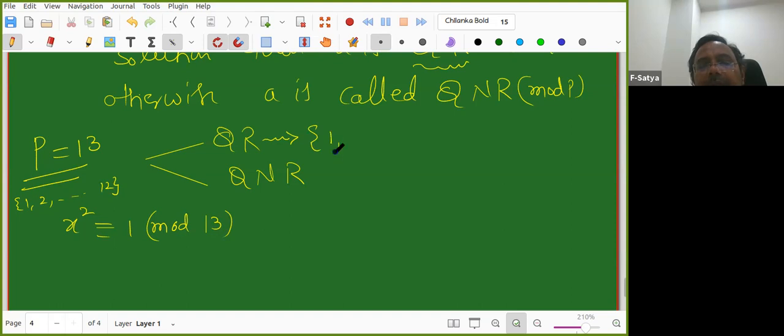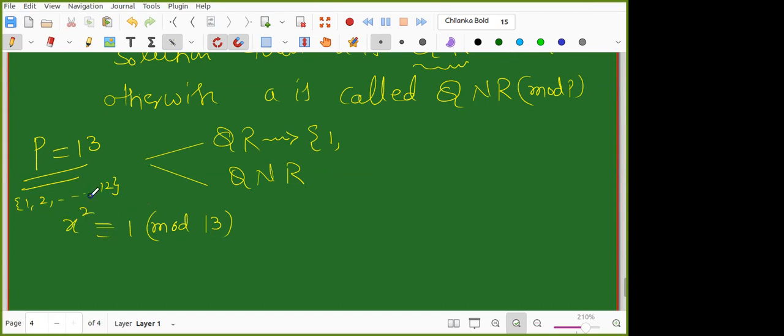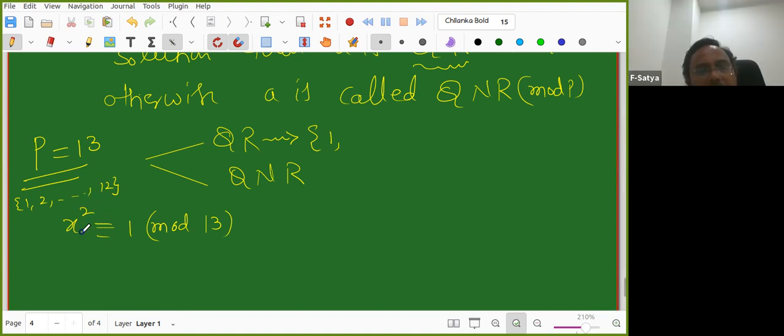Because of that, 1 becomes a quadratic residue. Can somebody give me one more solution to this? 12. Very good. 12 is nothing but -1. Correct, so that is also a solution.